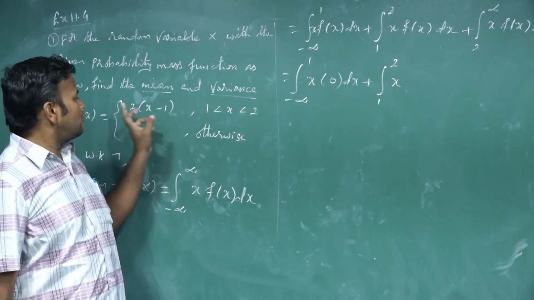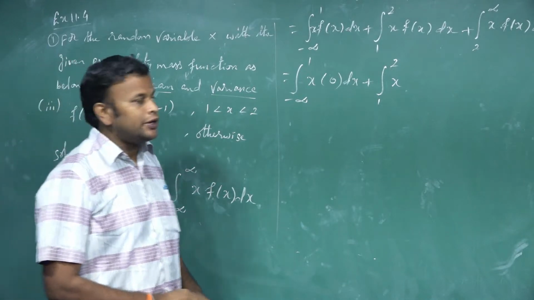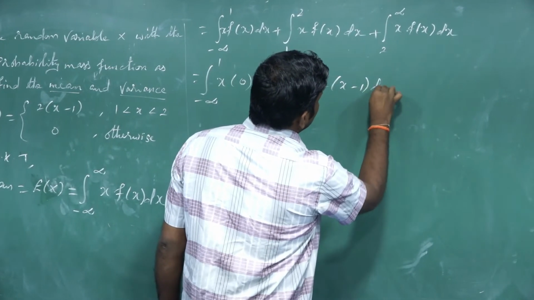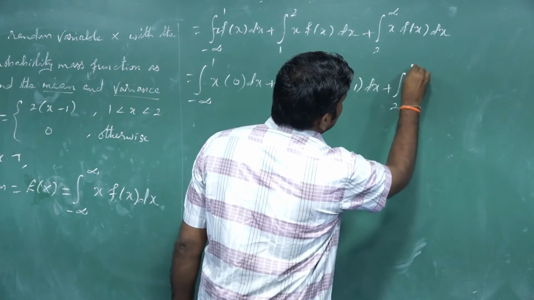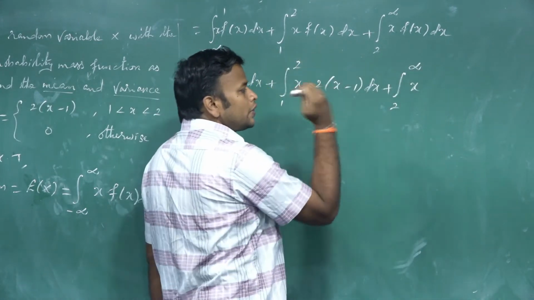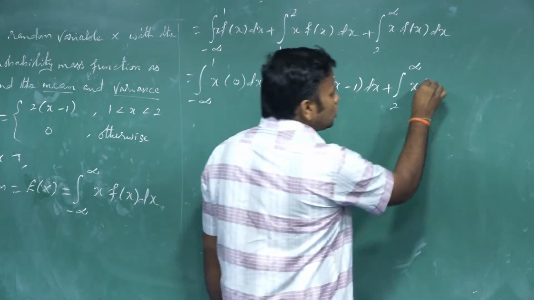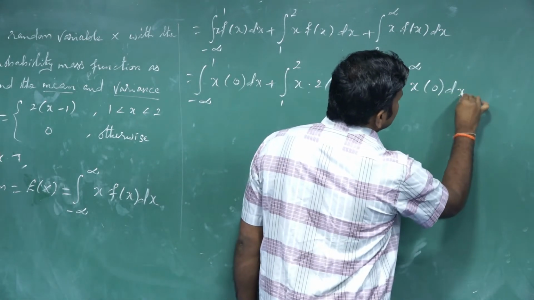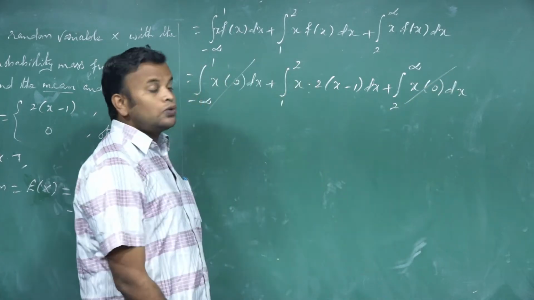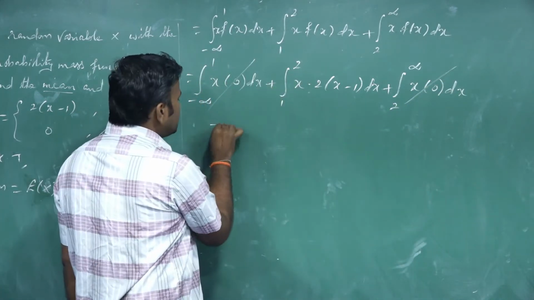So in this interval, the value of f of x is 2 into x minus 1 into dx, plus again 2 to infinity x. If the value of x is more than 2, here also f of x value is defined as 0. So 0 times anything is always 0, so you leave these 2 intervals. Now we consider the middle interval only.